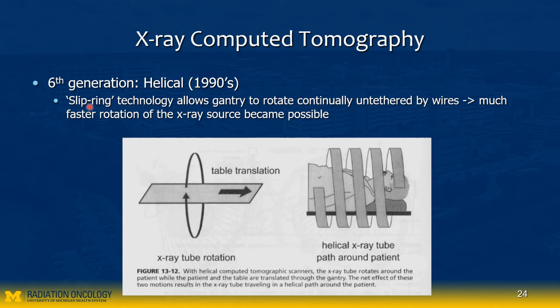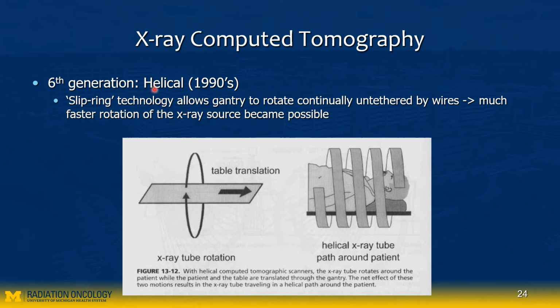You have a brush contact on the ring, so the metal brush is skimming through, and while it is skimming through, the electricity can still flow, so the gantry can rotate continuously. So it allowed much faster rotation of the X-ray source.